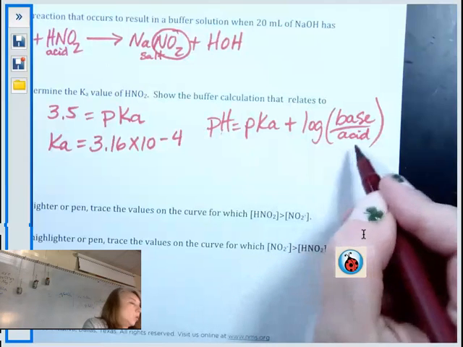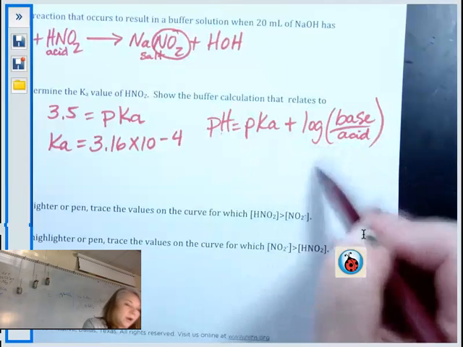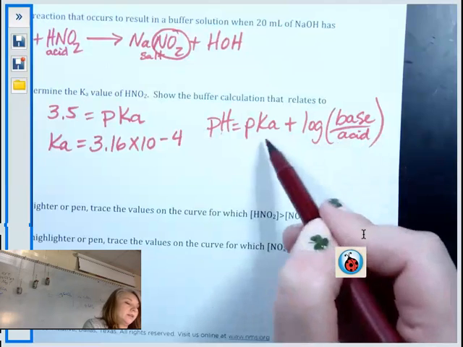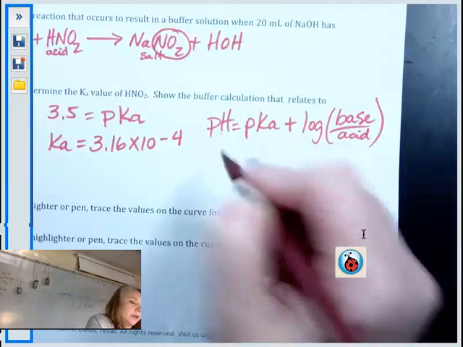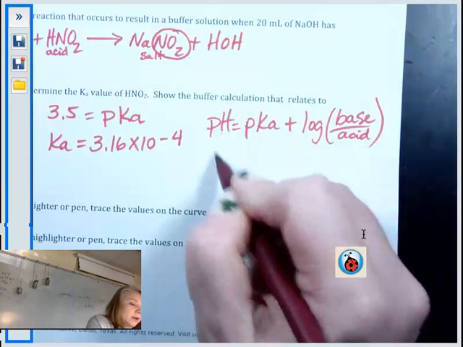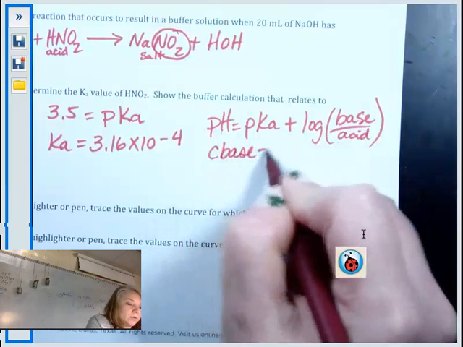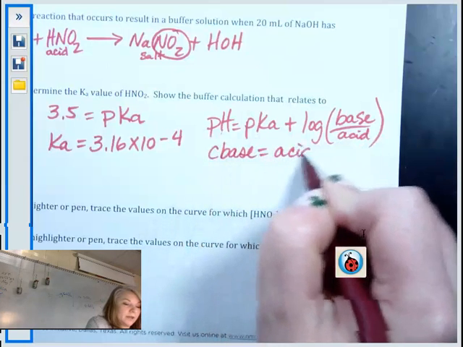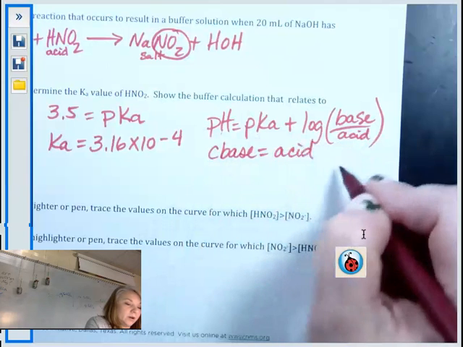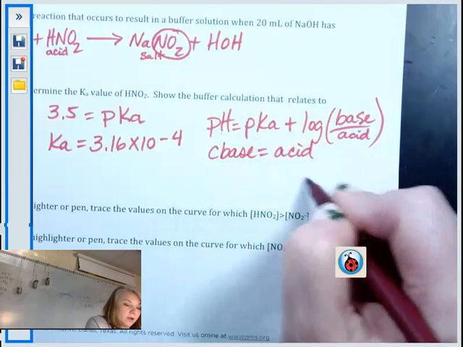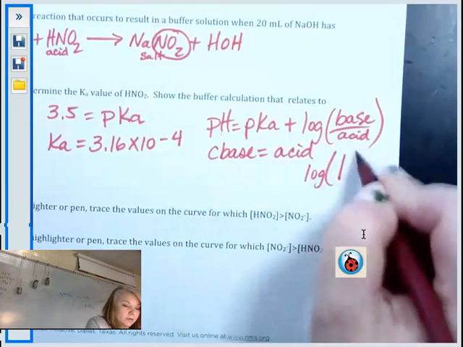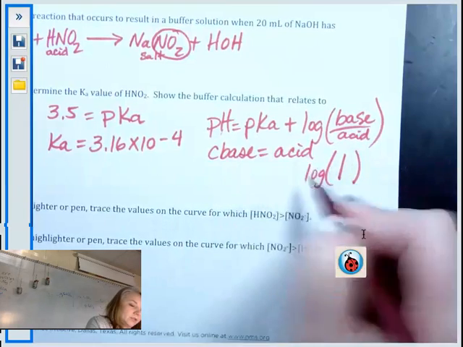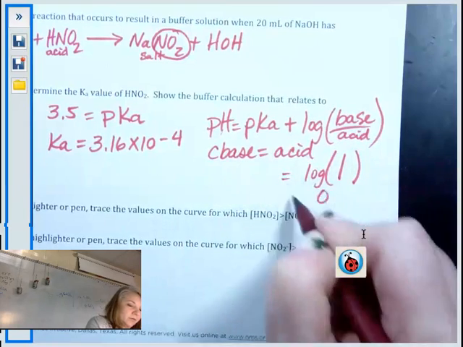Because the log of 1 is going to be 0, which is going to mean that these two things are equal. So at the halfway to the equivalence point, conjugate base equals acid at that point. So you could call both of them the log of 1, which is going to be 0.